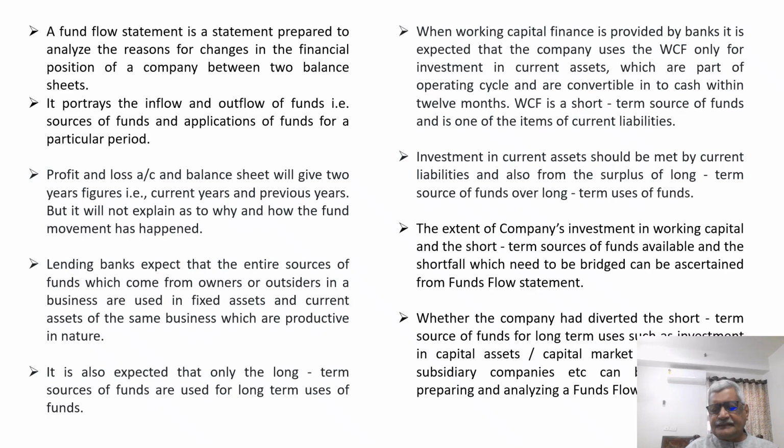When working capital finance is provided by banks, it is expected that the company uses it only for investment in current assets which are part of the operating cycle and are convertible into cash within 12 months.